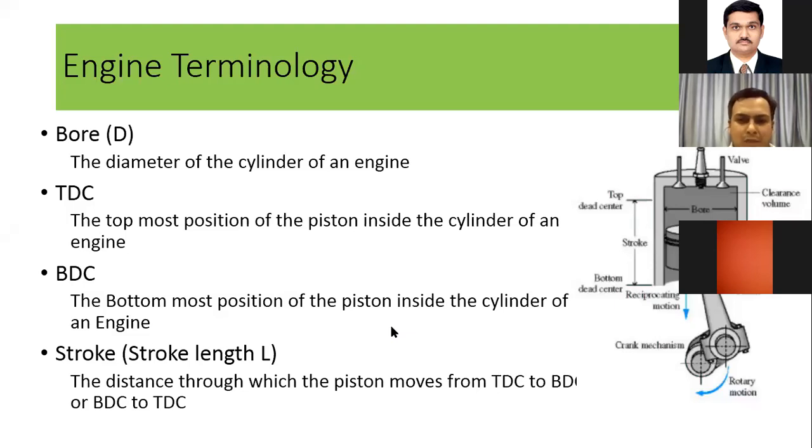Stroke means as the piston moves from top to bottom or bottom to top, it is called one stroke. Suppose the piston is at top dead center, as it moves downward, it is called one stroke. Then if the piston moves from bottom to top, it is called the second stroke. So likewise there are 4 strokes.